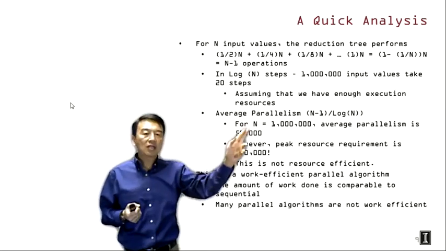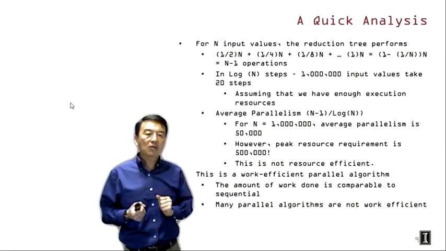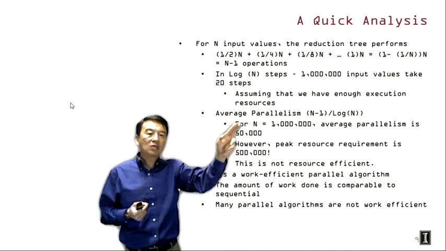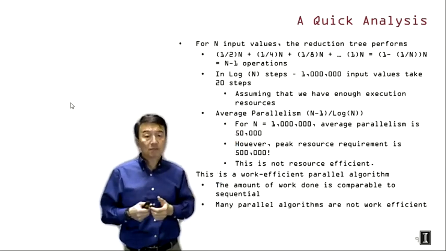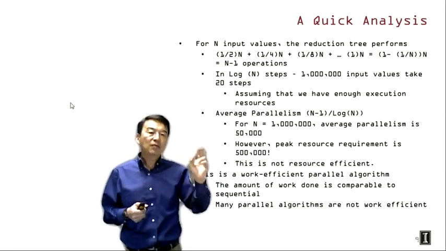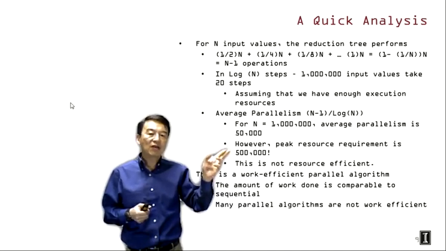So if we take that 1 million element example, and then we divide it by 20 steps, we see that the average parallelism is 50,000. This is very impressive. However, it comes with a very steep cost. The peak resource requirement is actually 500,000.